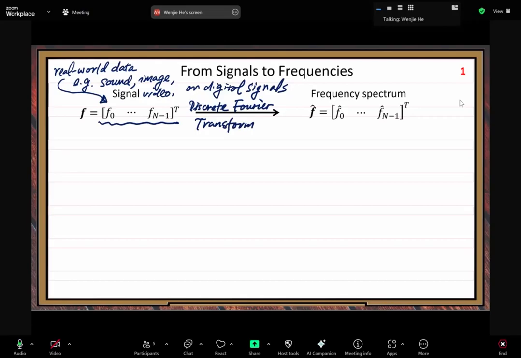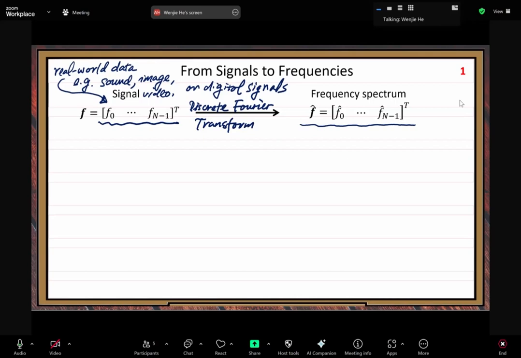The definition was given last time: one big matrix, right? We do matrix multiplication with one big matrix. Then the result is another vector. We call this f hat vector the frequency spectrum.